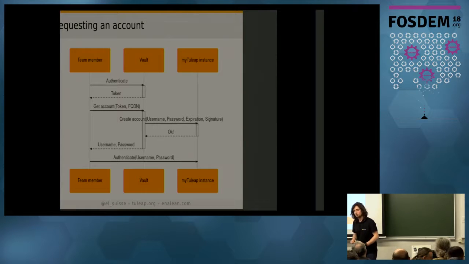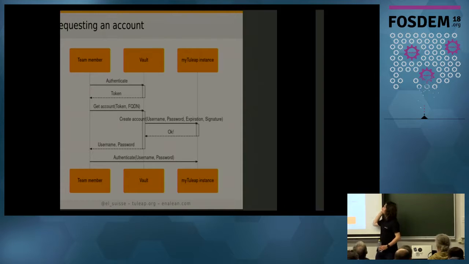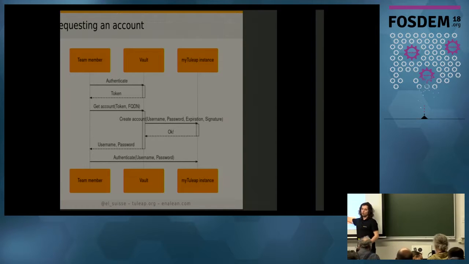Here you're creating an ephemeral account on the target system. How do you link that with authorization? You might have restricted rights and not root on everything. Basically, we rely on Vault for that.